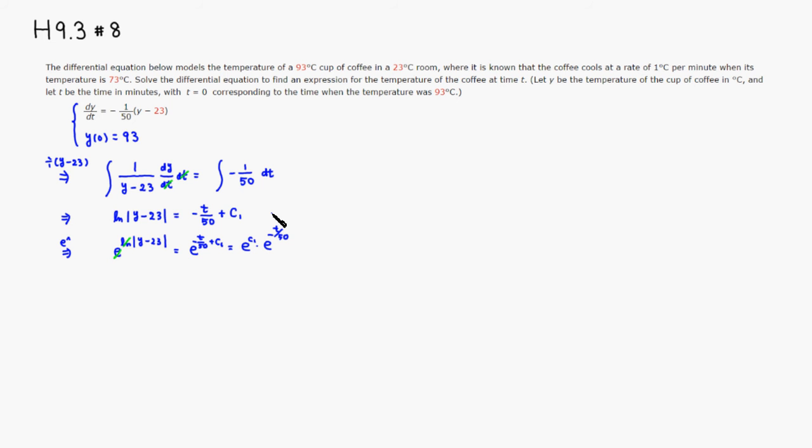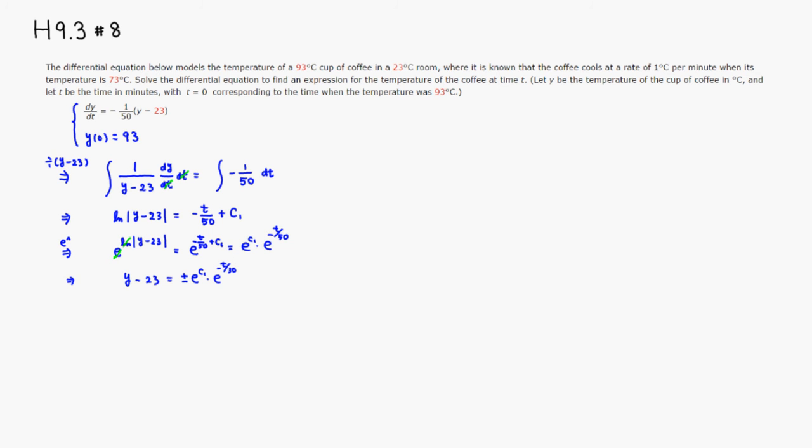Then we can take out the absolute value sign by putting a plus or minus, because it could be a negative version of that. So you have y minus 23 is either positive or negative e to the C1 times e to the negative t over 50.